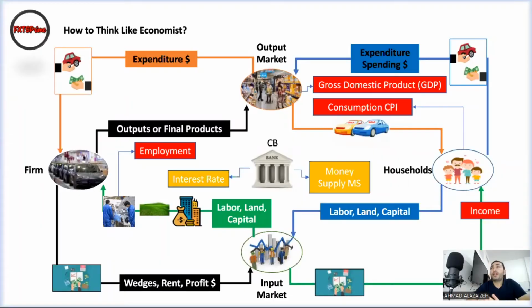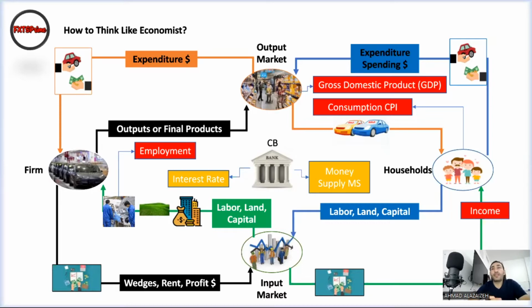So at the beginning, guys, I would like to show you again the business cycle, which we have shown you before. And I would like to remind you about this cycle. We said that the elements of this cycle are the household, the output market, the input market, and the firm.